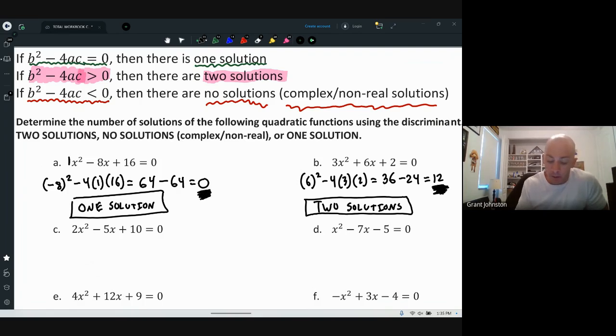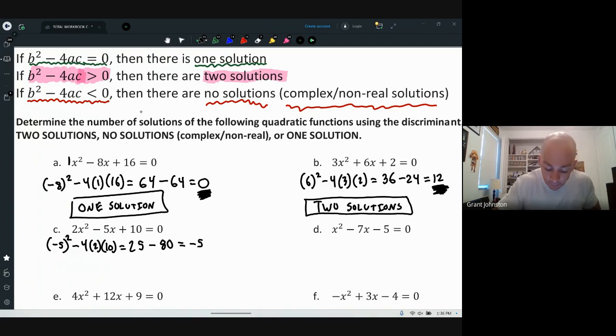So the first one was 0, so there was just one solution. The second one was a positive number, greater than 0, so there's two solutions. Let's try C. B squared minus 4ac. Oh, forgot the square. That'd be 25 minus 80. I know that's going to be negative, but I'll do the math anyways.